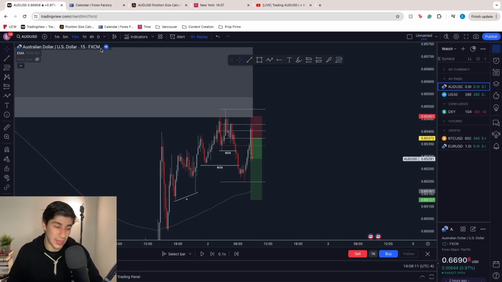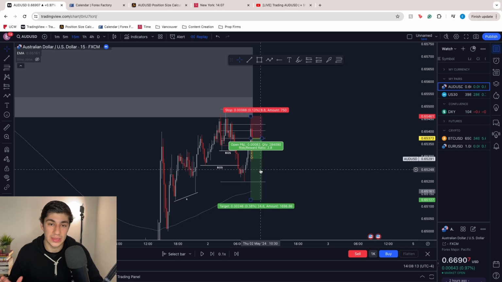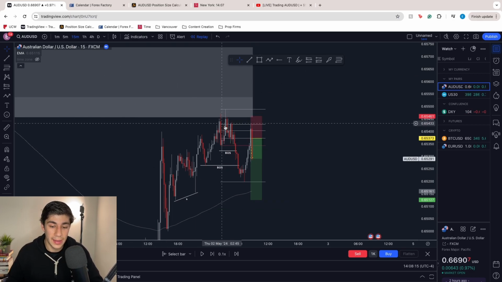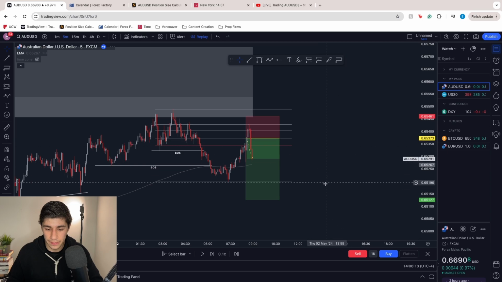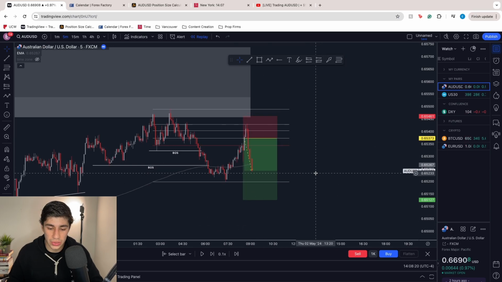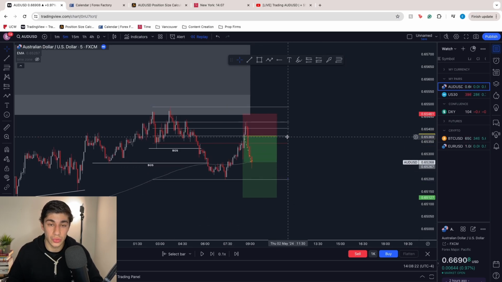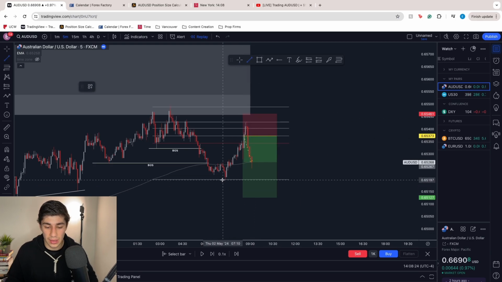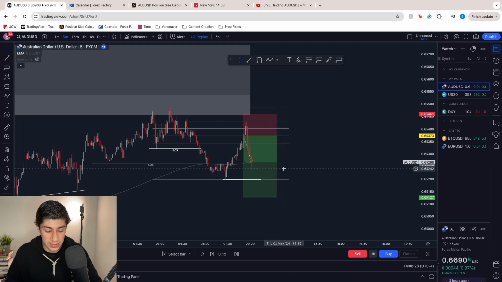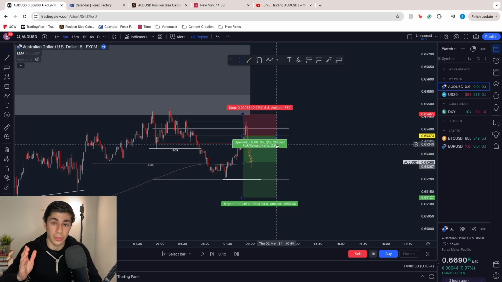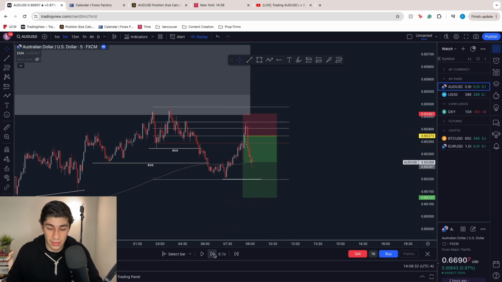So that was basically my target, which was almost a 3% profit. But if we can see, price did the following. I wasn't moving my stop loss to break even until price was able to break this structure here, right? That was basically my point where I was going to move my stop loss to break even. So price did the following.